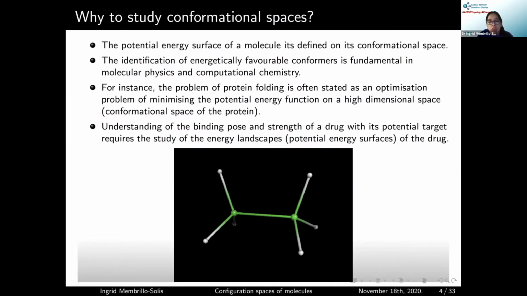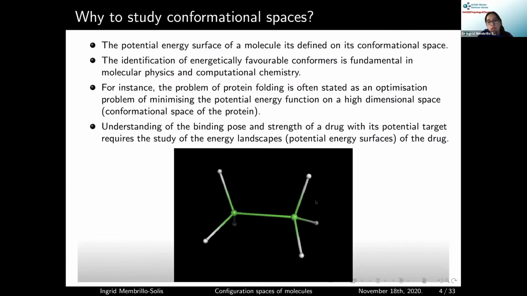Here I'm putting a very well-known molecule. If we think of these green spheres as carbon atoms and the blue spheres as hydrogen, this is just the ethane molecule. We know that there are two special conformations, the eclipsed one and the staggered.